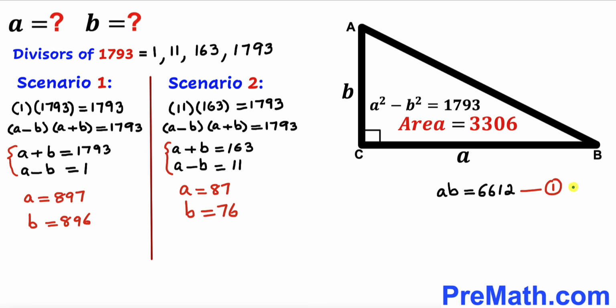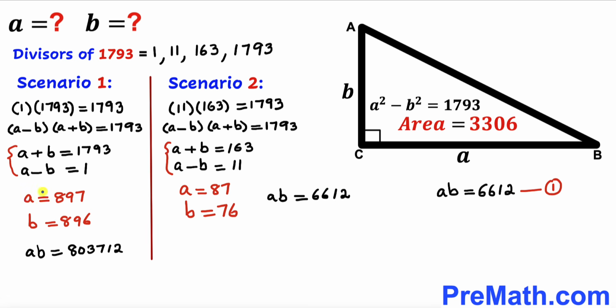Now let's focus on equation 1: a times b is supposed to be 6612. In scenario 2, if we multiply a and b, we get 6612.